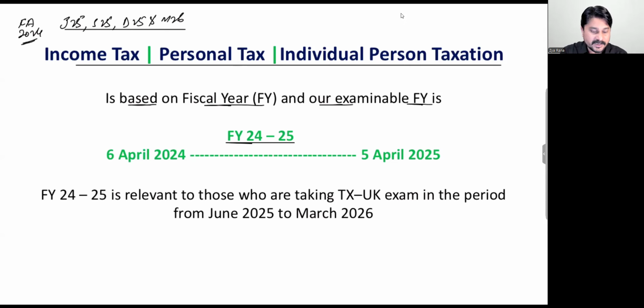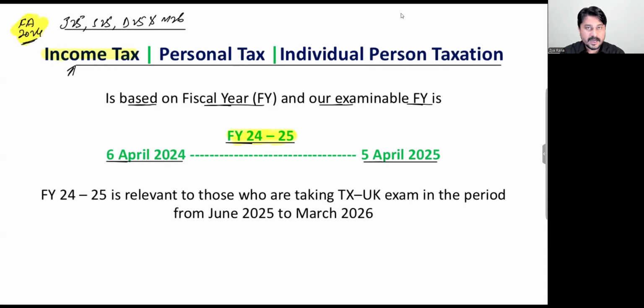By the way, within this Finance Act, for the computational aspect of income taxes, the word fiscal year would be used, and in Finance Act 24, the fiscal year is 24-25. For individual person calculation, fiscal year 24-25 is relevant, which starts on 6 April 24 and ends on 5th April 25. Again, keep these things in mind whenever you are calculating income taxes.